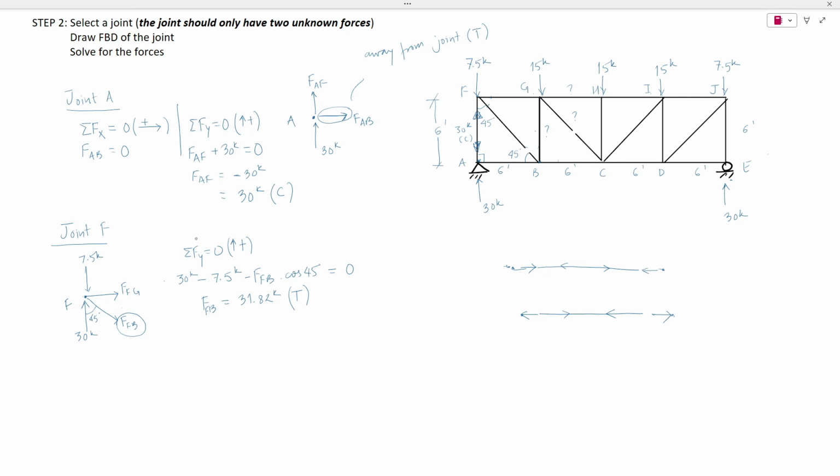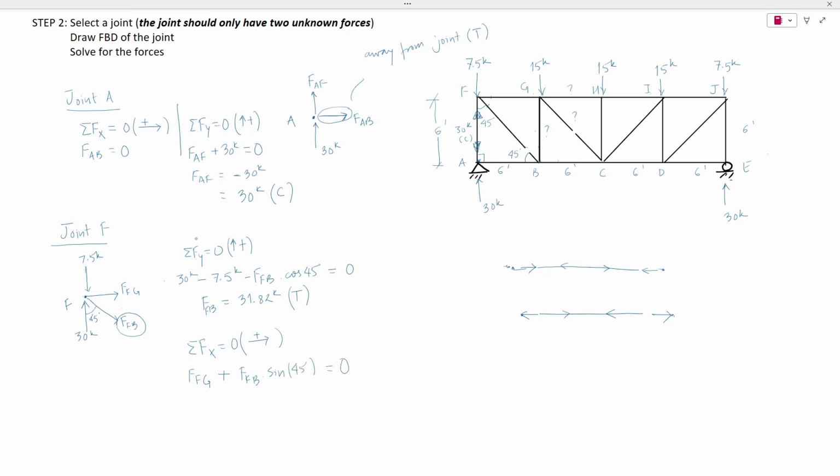Right? Similarly, summation of forces in the x direction to be 0, considering forces towards the right to be positive. Then we have the force in member FG, and the horizontal component of FFB acting towards the right, so positive FFB sine 45 degrees.